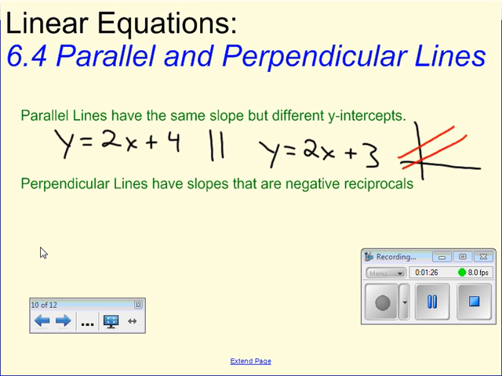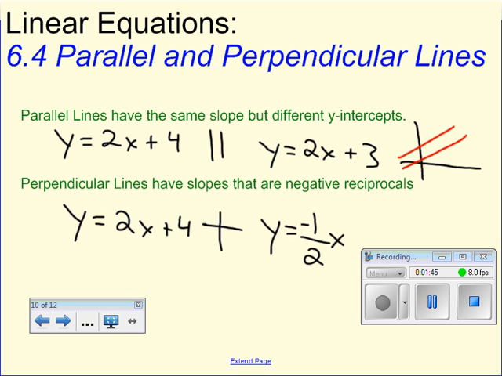So for the same equation, y equals 2x plus 4, a perpendicular line will be y equals the negative reciprocal of 2, which is negative 1 over 2, x, and it will have some sort of y-intercept, say plus 8. So the slopes are different: this is 2 and this is negative 1 over 2.